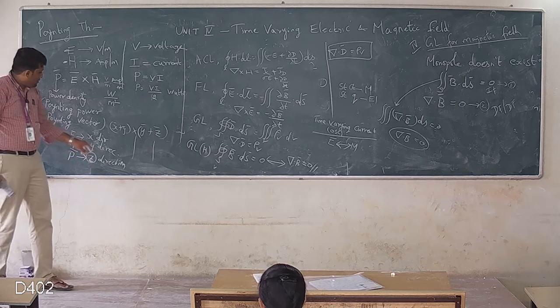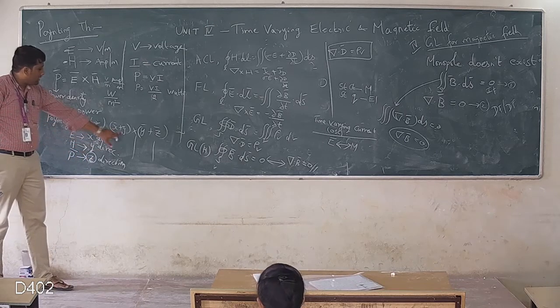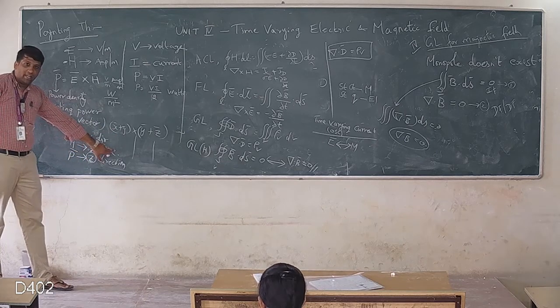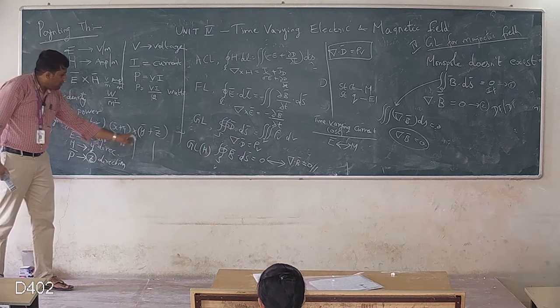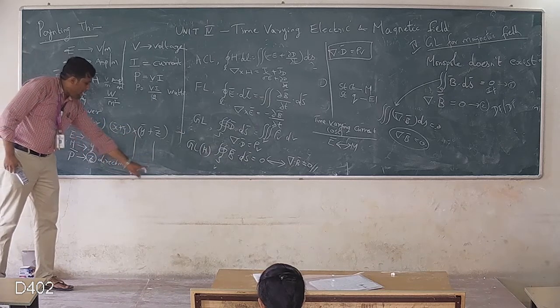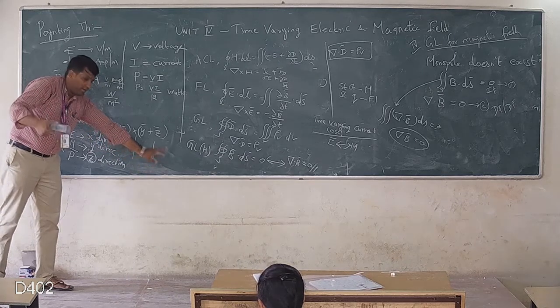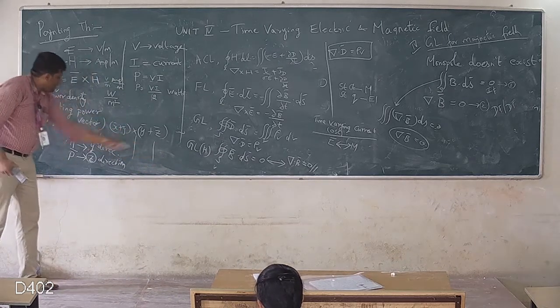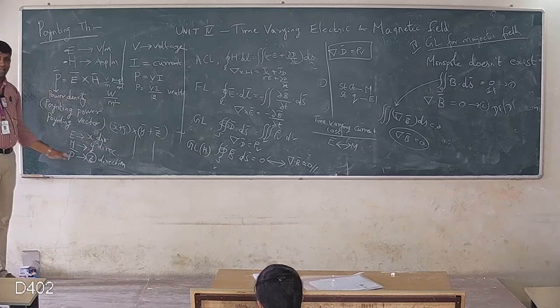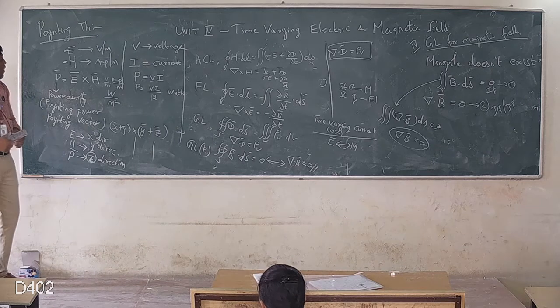If x contains both directions and y contains both directions, I make a cross with the help of determinants, and I will get some answer. That answer will provide the direction in two or three directions. So depending upon the determinants, you can find the power direction. So the power will be in the third direction. So that's all about your Poynting vector.